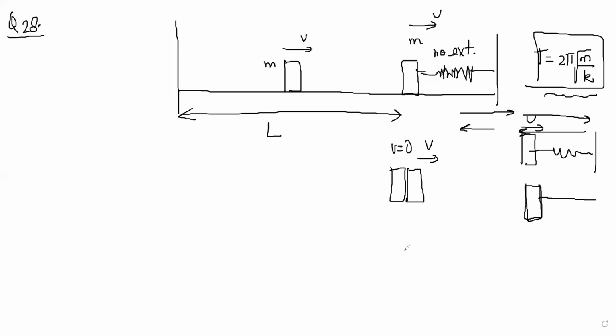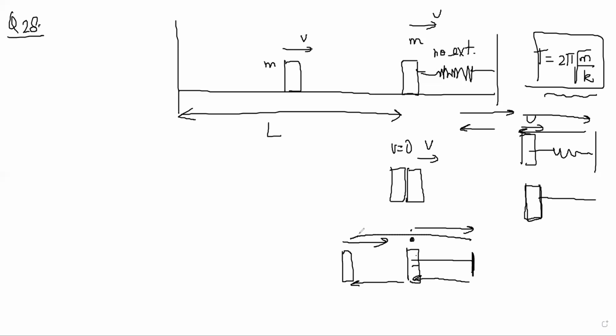Actually, what would happen if you give something a velocity at the mean position? It will go till somewhere here, stop, then return here, and then come here and stop, and then return here.